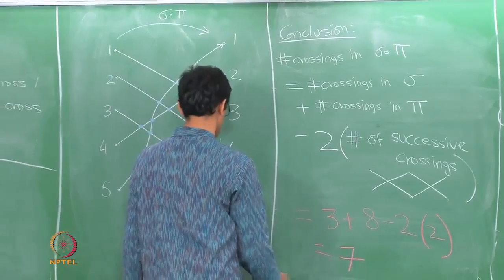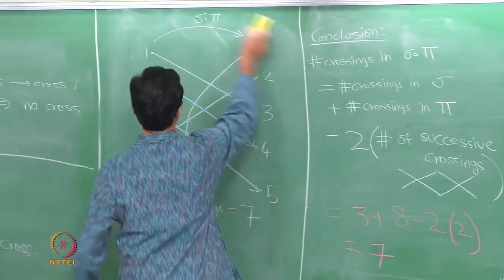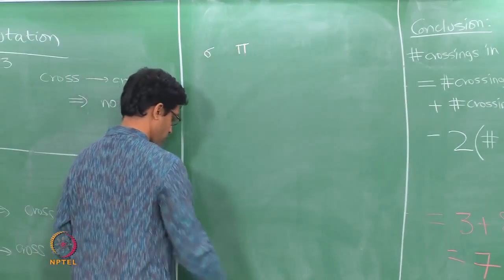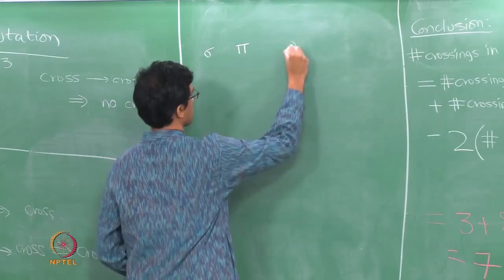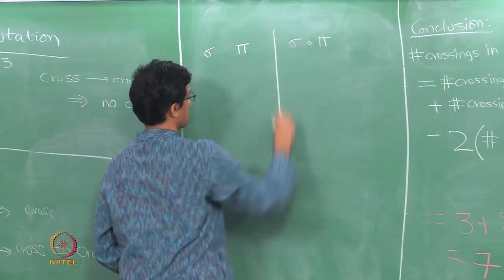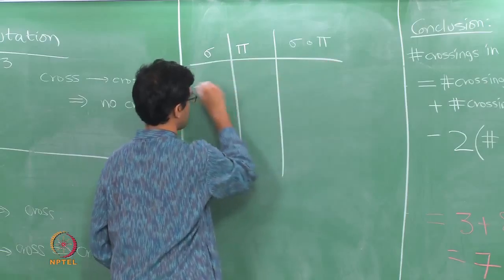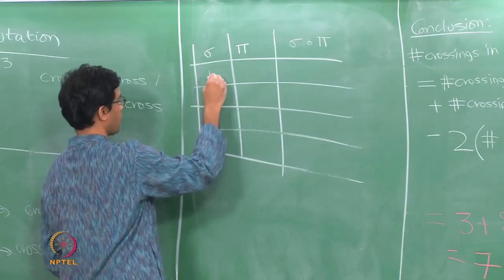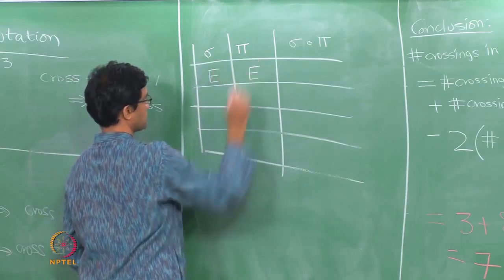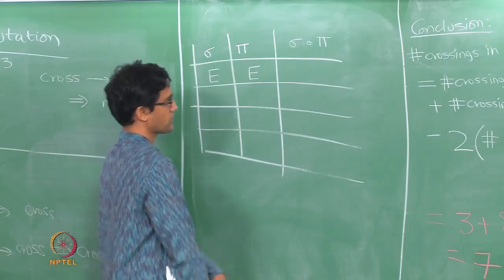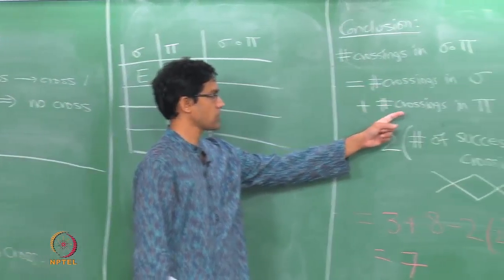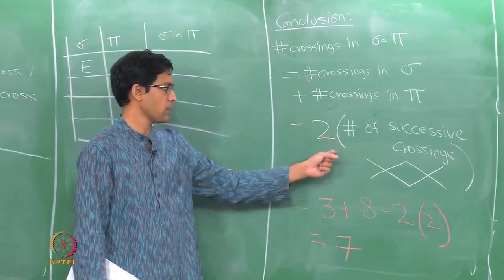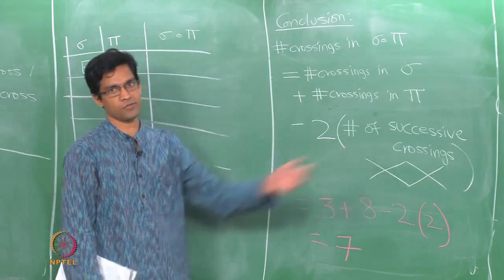So observe here is the nice corollary, that if here is a nice table we can make, here is sigma, pi and the composition, so if sigma and pi are both even permutations, by E I mean even, that means that the number of crossings in sigma is even, the number of crossings in pi is even, the sum of 2 even numbers is even, and this thing you are subtracting out is always an even number because it is 2 times something.